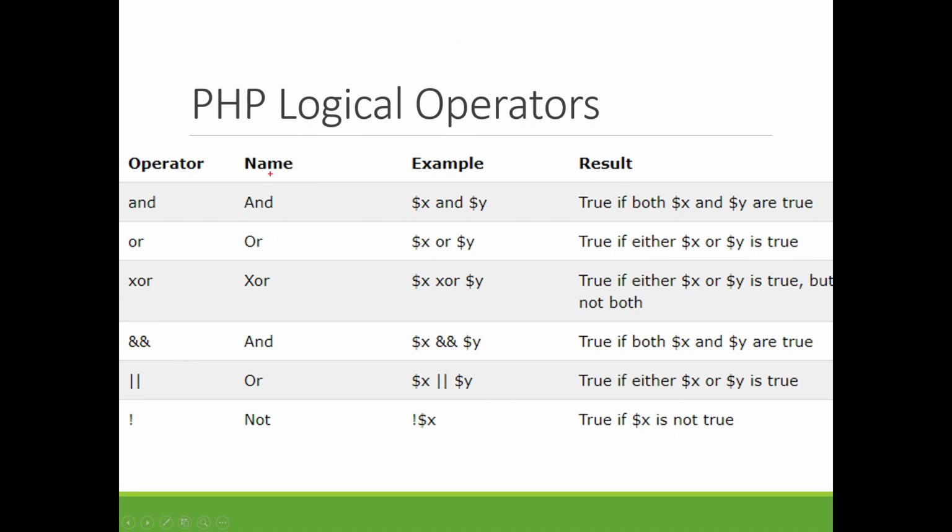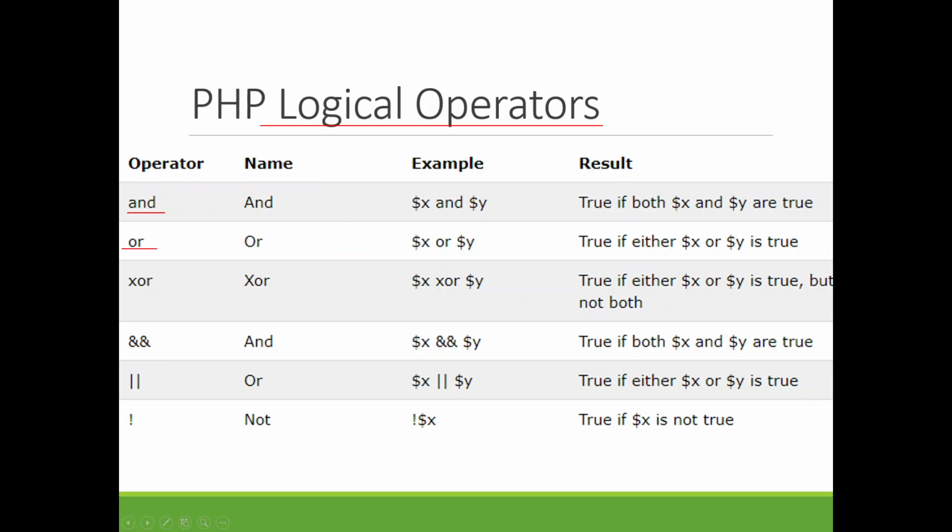Then we have logical operators. Logical operators are also very important. So we have the logical and. As we know from the truth table, true and true will result in true. Anything else will result in false.